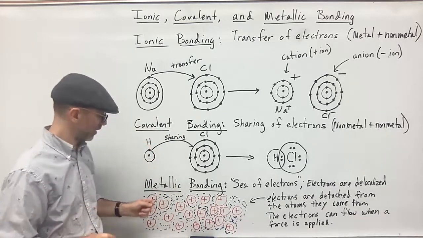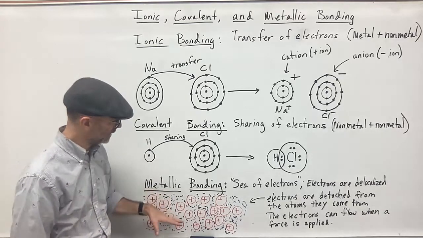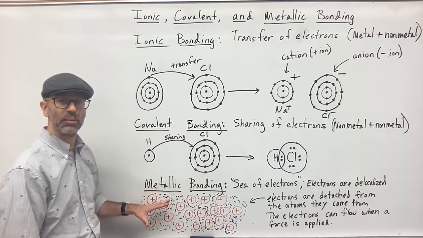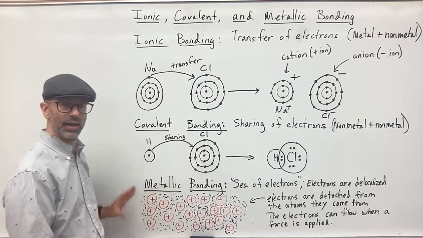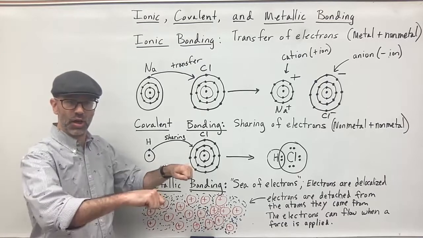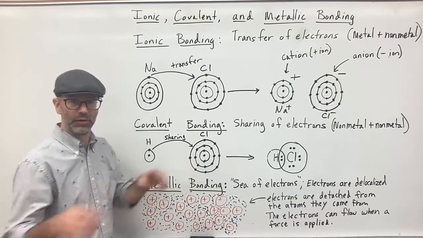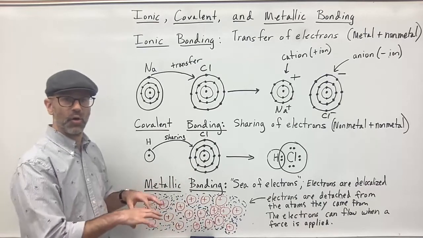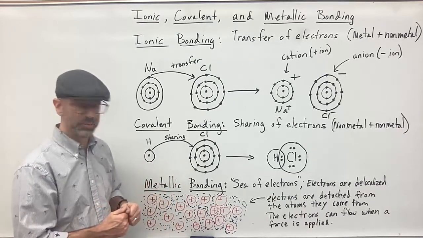And what that means is the electrons are detached from any particular atom, and that allows them to flow. So if I put a force on them, for example, if I hook up electrodes from a battery to a metal, I can get the electrons to flow through the battery or light up a light bulb or something like that.